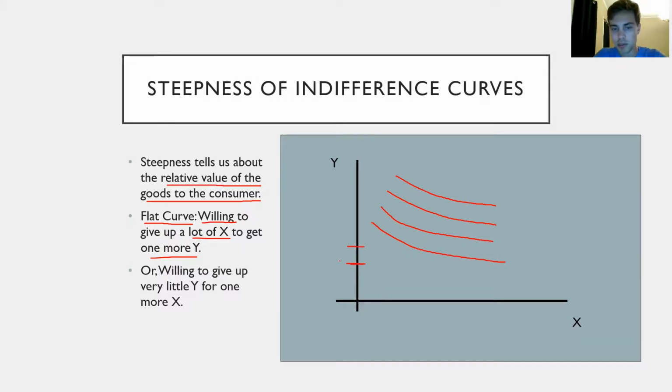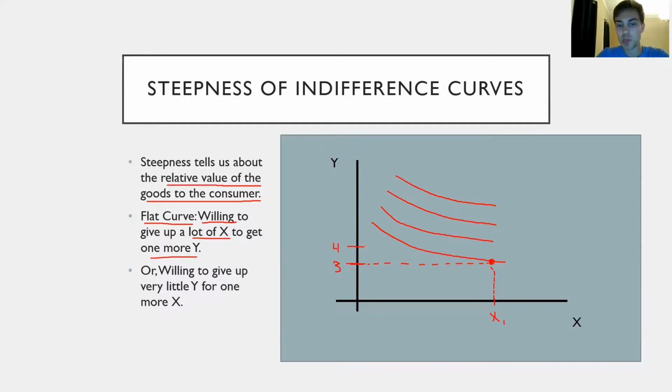So let's say these are the units of y. We want to move from, let's say 3 to 4. Well, to do that, if we're on this bottom indifference curve, if we were originally at 3, we have this much x. So let's just call this x1.